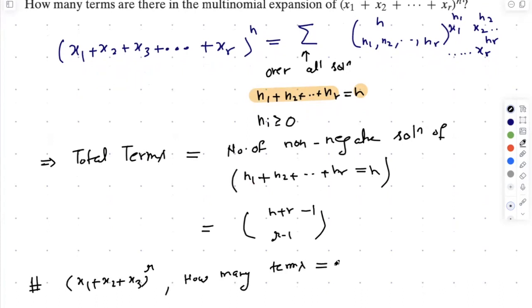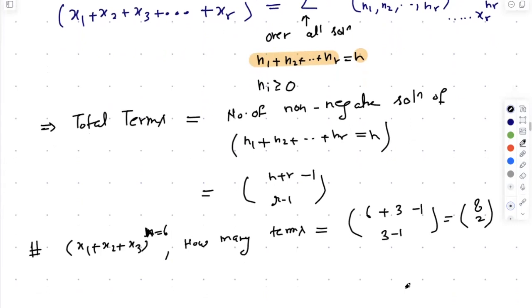Without expansion, you will tell me n has the value 6, and r is 3, since there are three variables x1, x2, x3. So it is 6 + 3 - 1, choose 3 - 1. So it is going to be 8C2, if there is no calculation mistake.